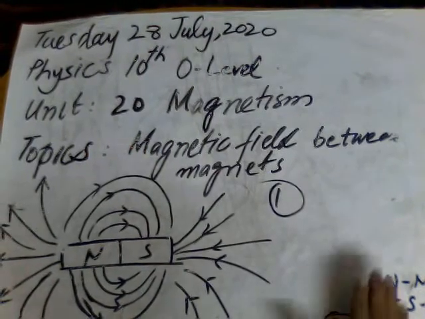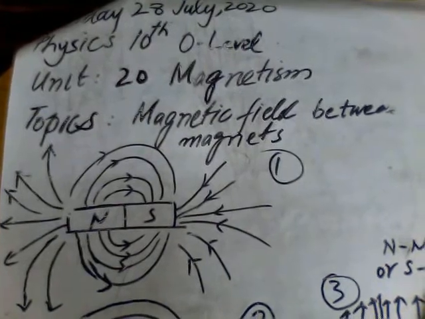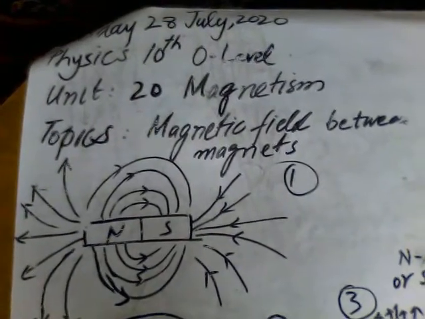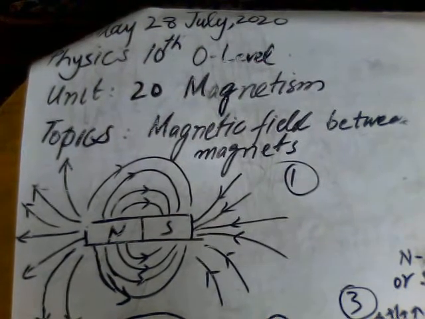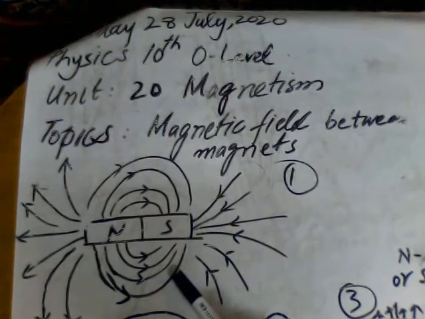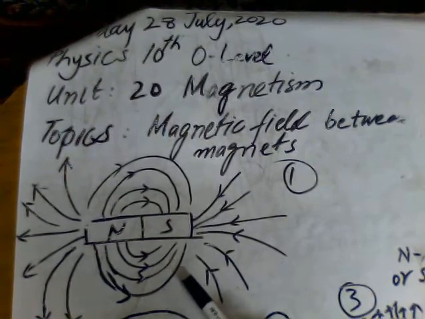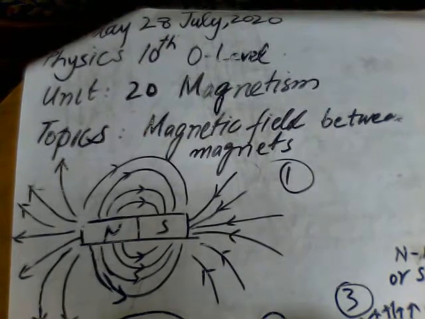First of all, if you look on the whiteboard, we learned that a bar magnet has this type of magnetic field. It is called elliptical; its shape is an elliptical magnetic field.